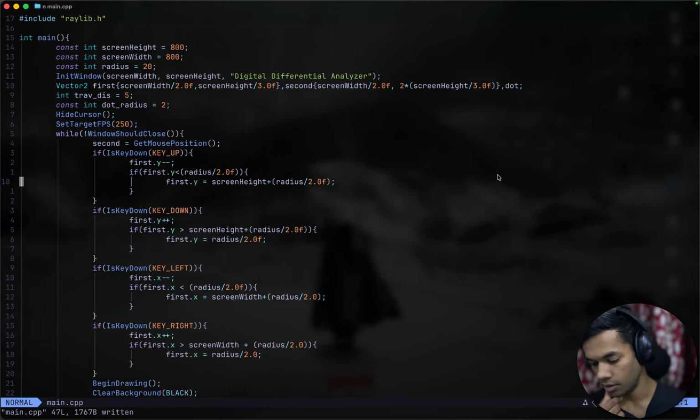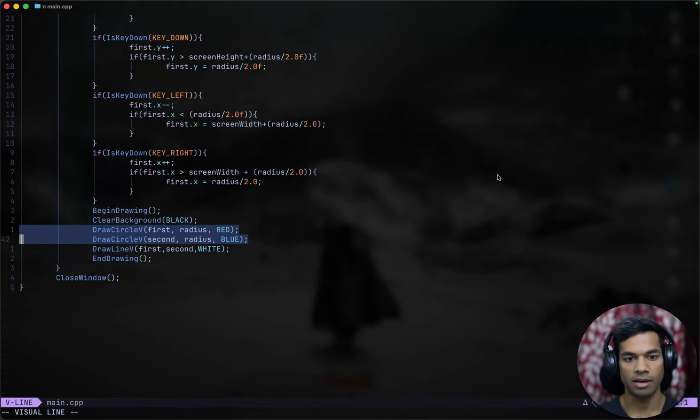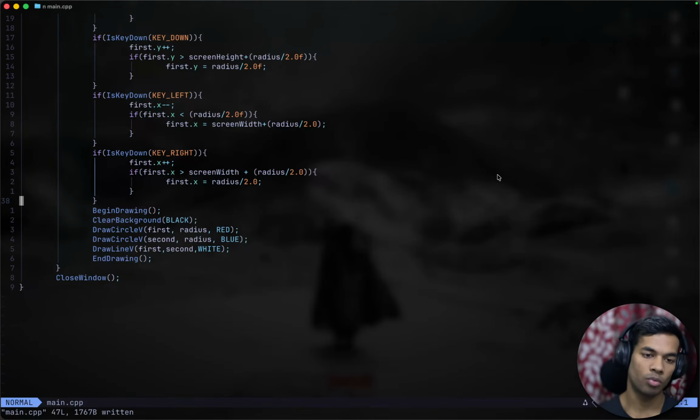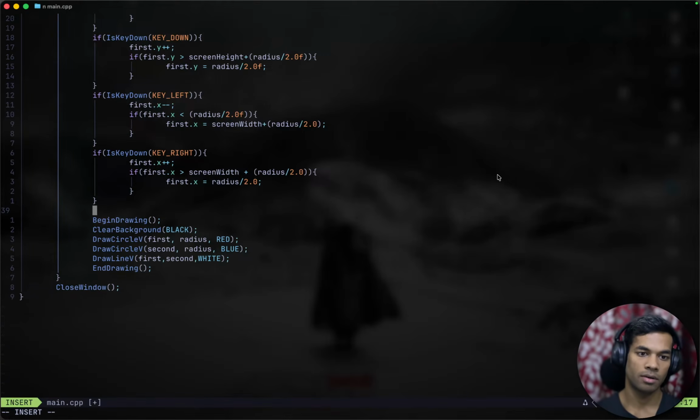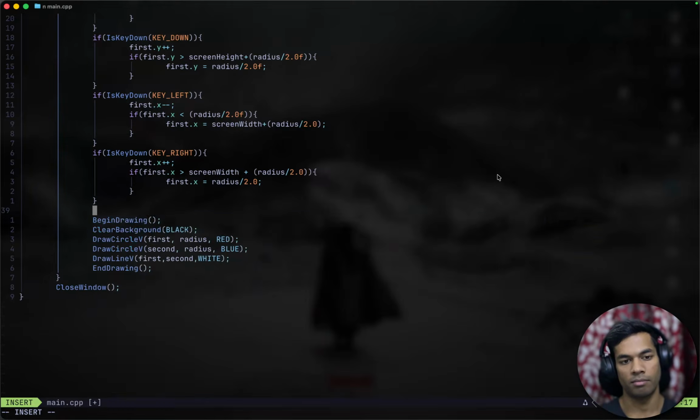And we'll also have another vector called dot. And here we have two things, first and then second. Let's get their slope. Let's use double.